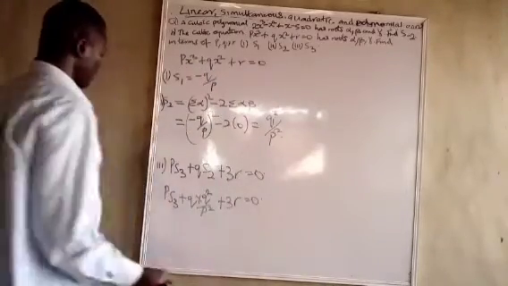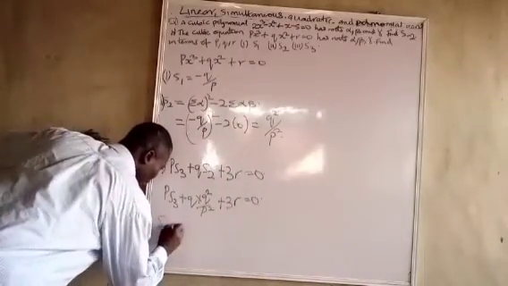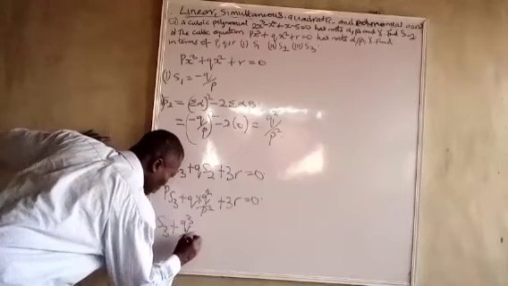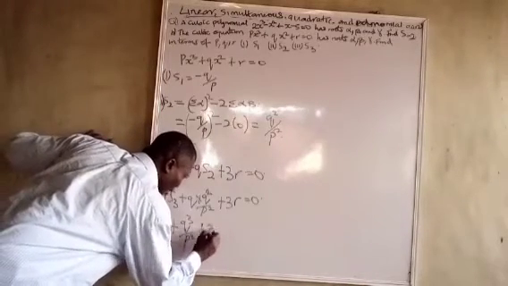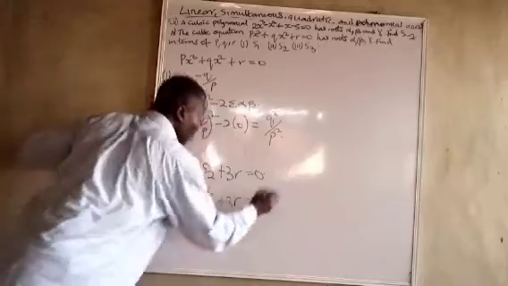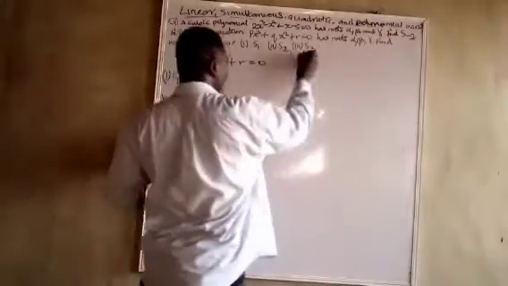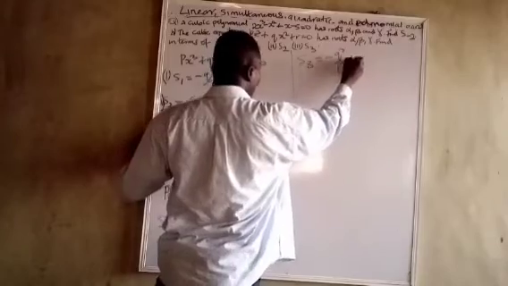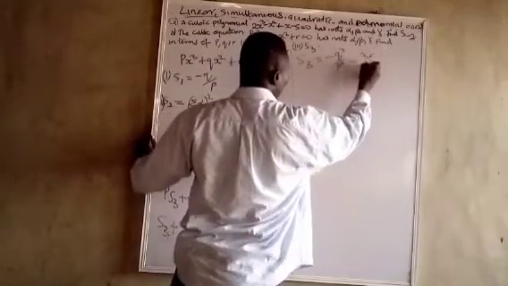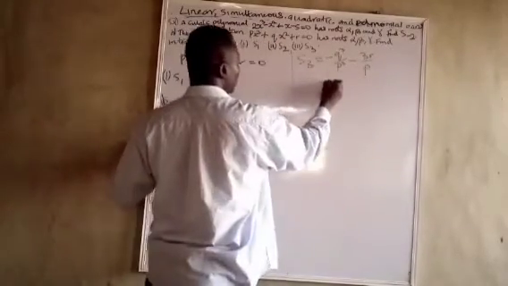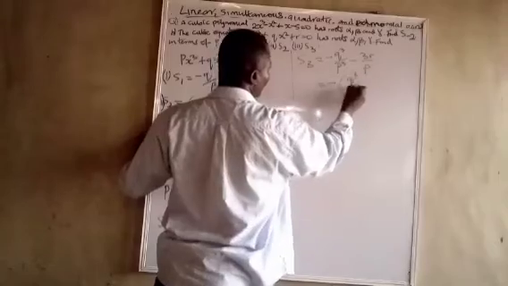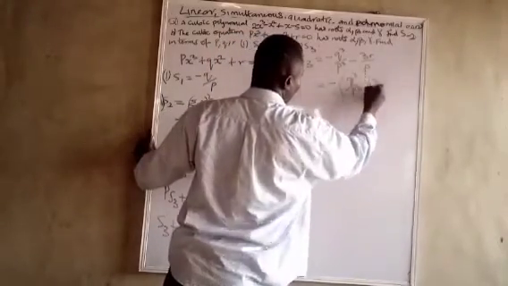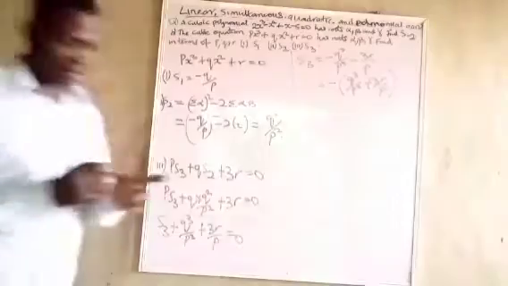Let's divide through by p. So s3 is equal to minus q cubed over p squared minus 3r over p.